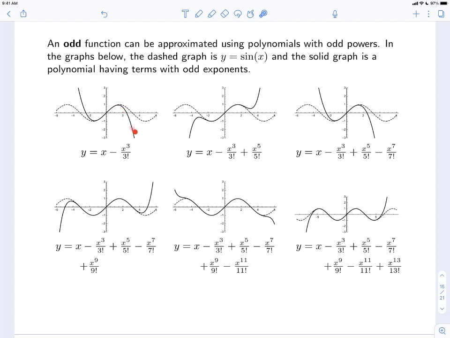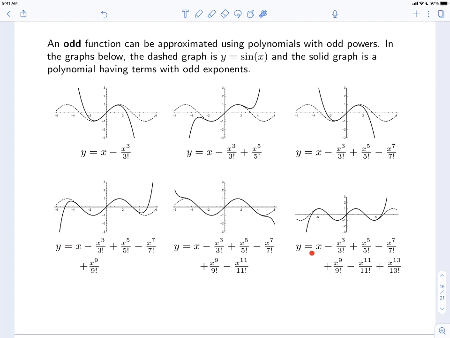And you can see that at each step along the way, I add in another term, which is x to an odd power, and I get a better and better approximation. And the more terms that I add in, the better the approximation will be. And again, there's a formula that tells me what the next term will look like, and you can probably guess what it is based on the pattern.